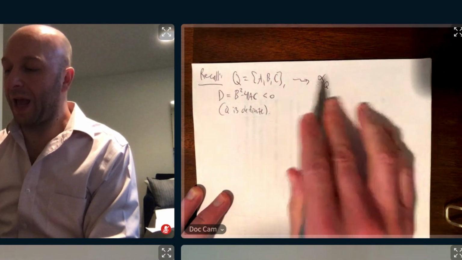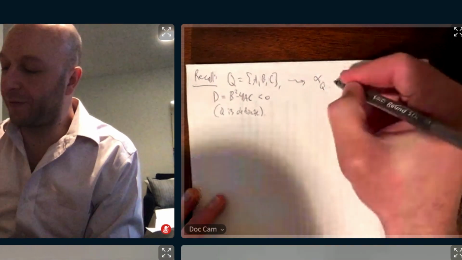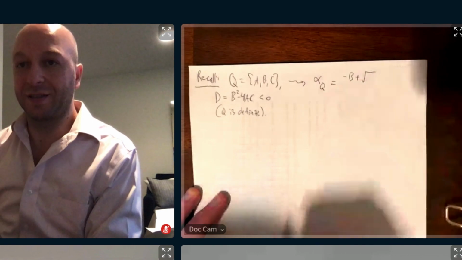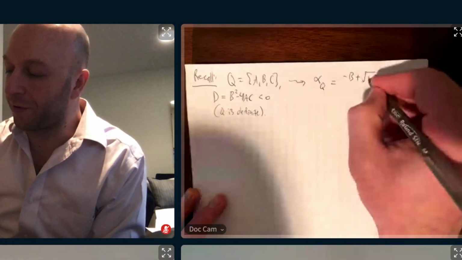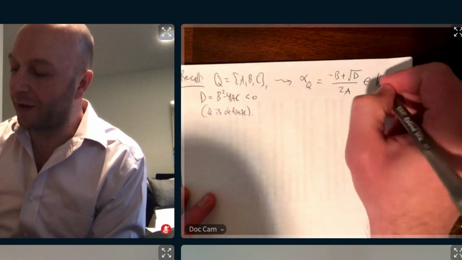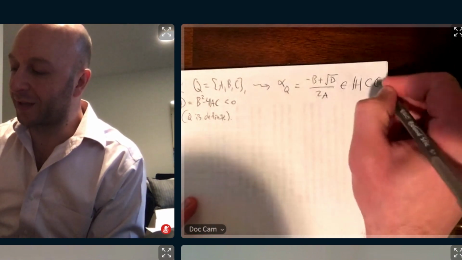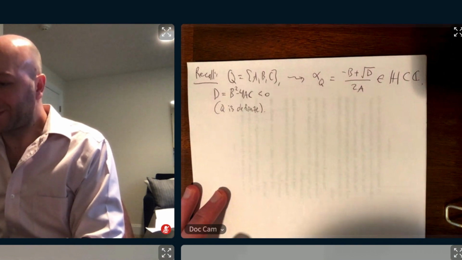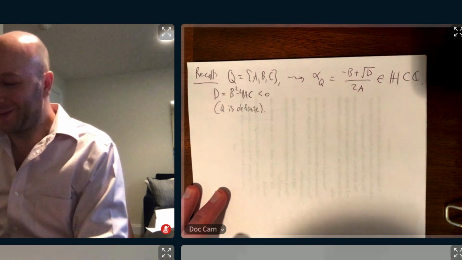So this number alpha was negative b plus or minus, let's take the plus in the upper half plane, square root of the discriminant over 2a. So this is in the upper half plane inside the complex plane. Right? You guys remember this? Yes, I hope.